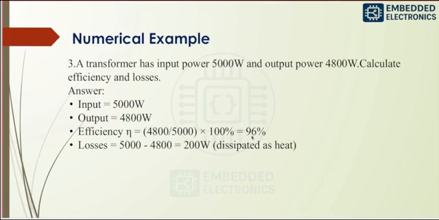Substitute the values, then you will get this answer, okay. Losses: 5000 is the input power, output is 4800. You have given 5000 rupees and you got 4800. What is the loss? 200 is the loss, right? Like that only, here the loss is 200 watt.